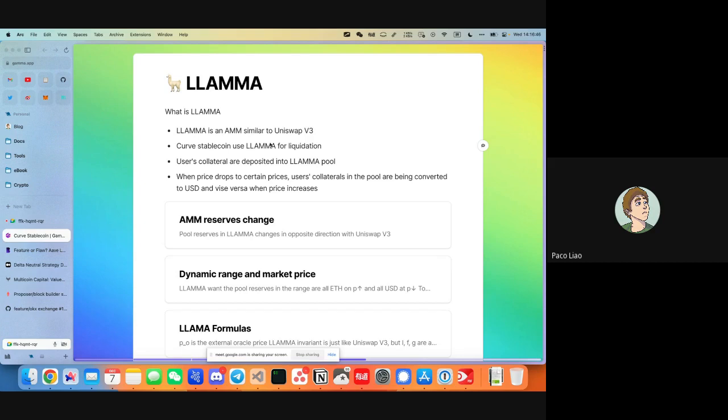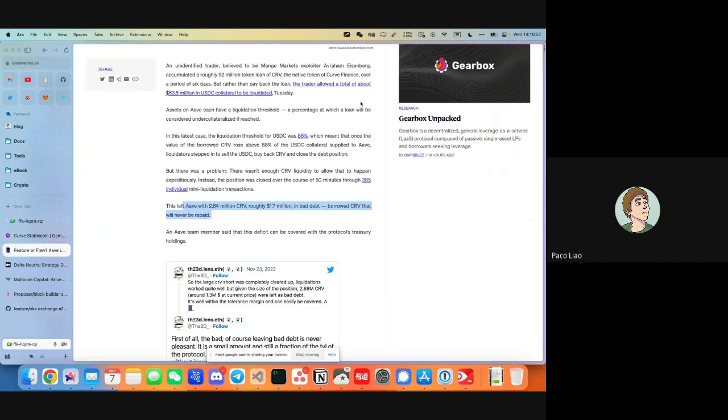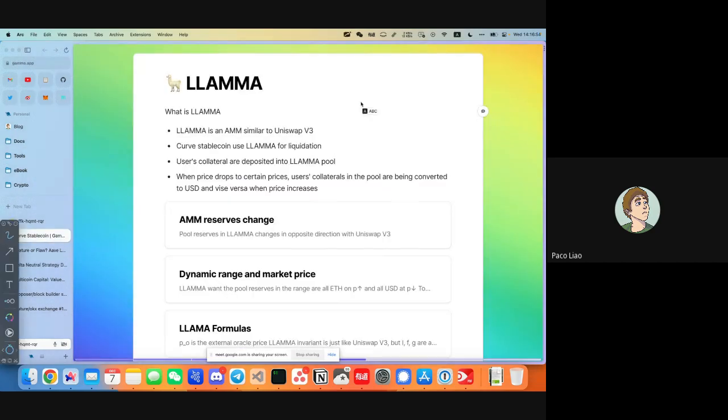They have a pool. If they use ETH as collateral, they will have a pool on this Llama. Maybe if you use ETH as collateral, there's a pool of ETH and Curve USD. So all the liquidation will happen in this pool. So we don't need to rely on external liquidity to liquidate users' collateral.